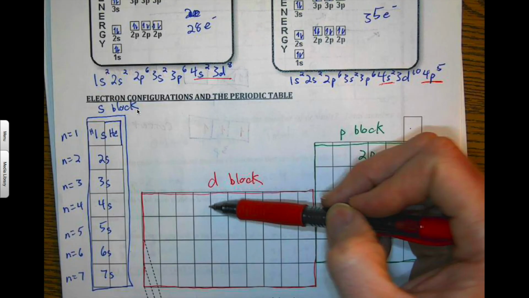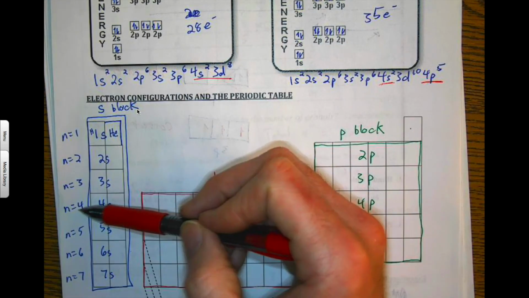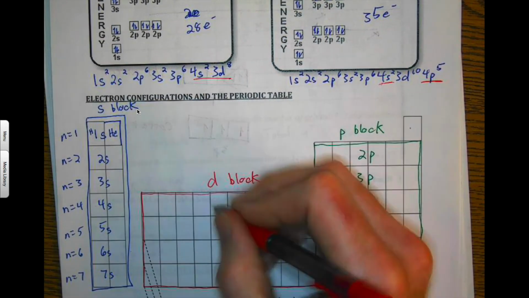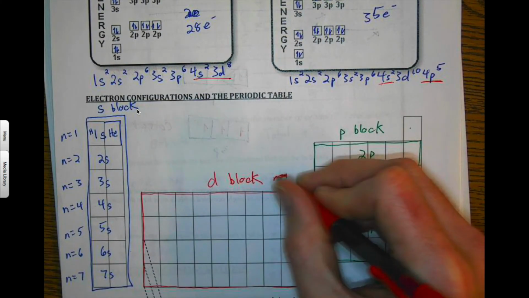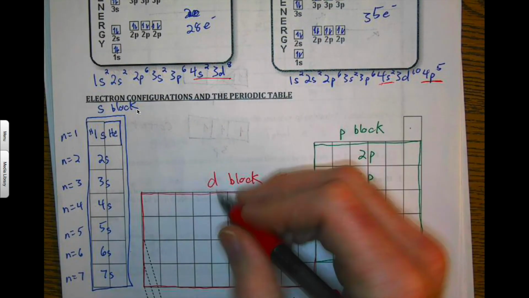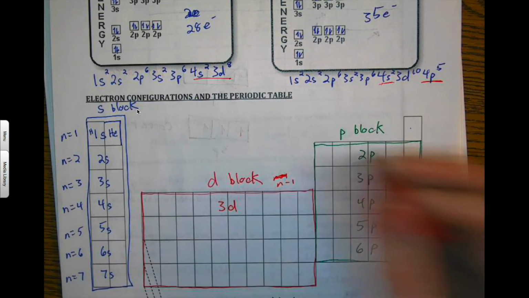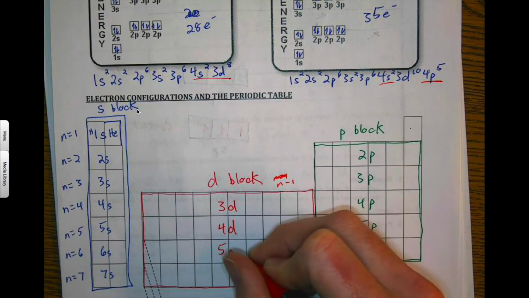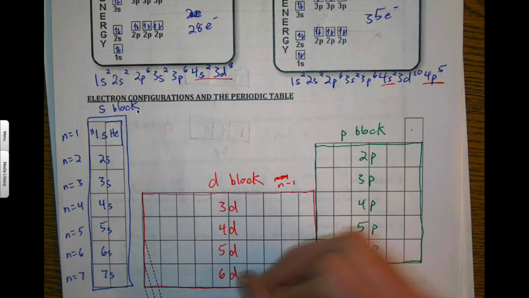So for the d block, even though this is the fourth row, we're going to do n minus 1 here, and that's going to be 3d, 4d, 5d, 6d.